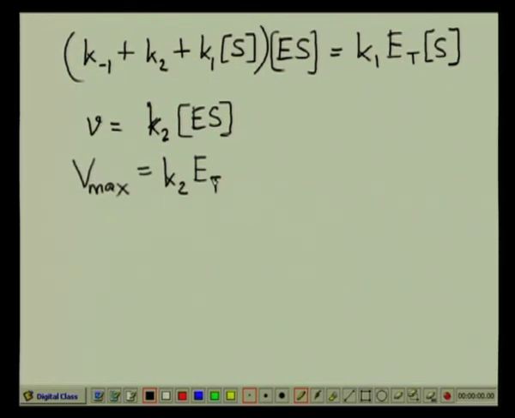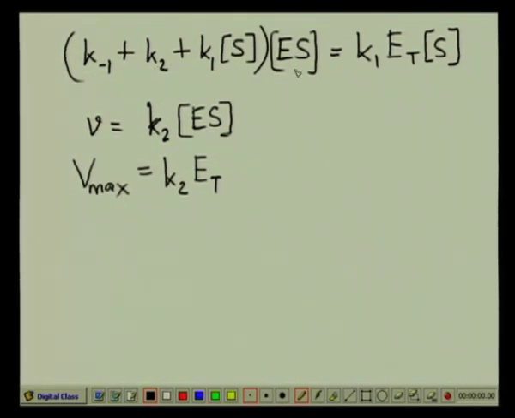Okay. So, basically if we work out this whole reaction by substituting V as K2 ES and putting V max as K2 ET, if we multiply both sides by K2, I am not working it out completely, but it is just algebra.